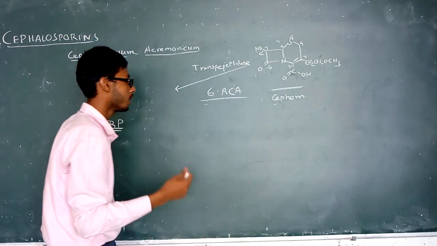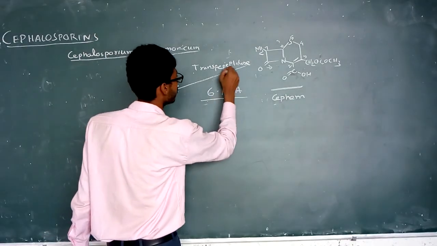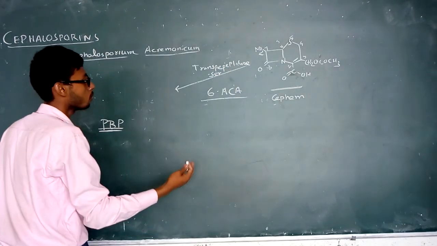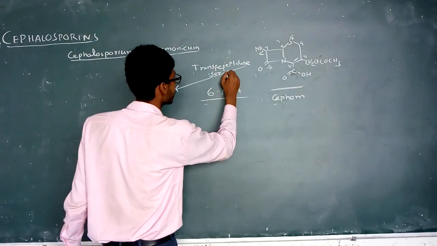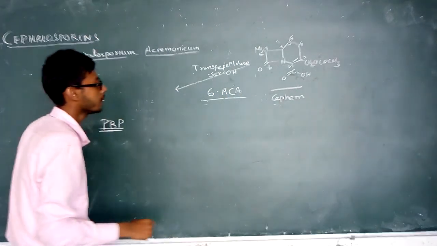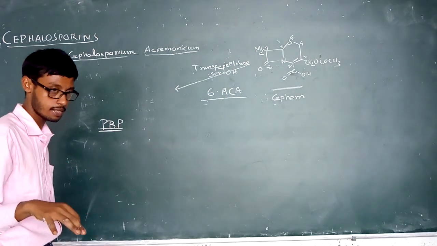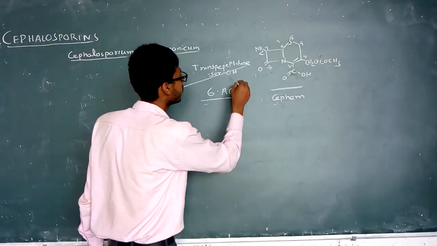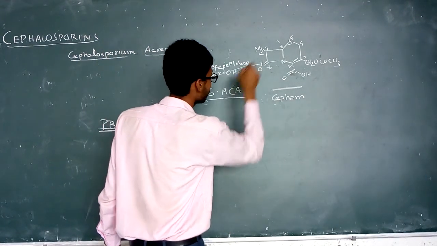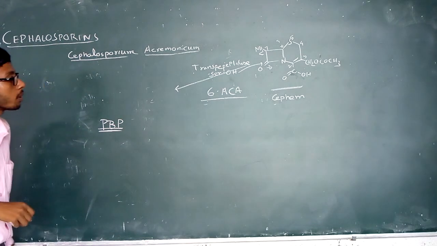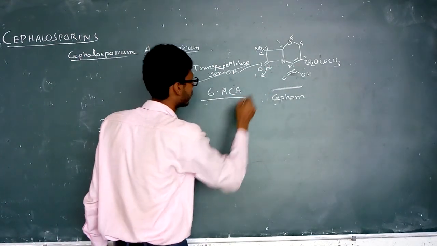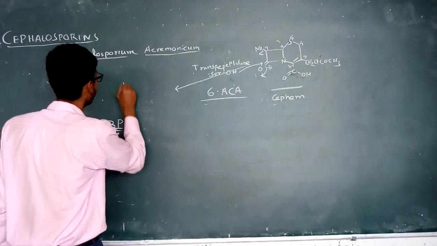Due to the leaving characteristics of this group, when it reacts toward the transpeptidase serine OH in the enzyme of the microbes, it attacks the carbonyl group of the beta-lactam and opens up the ring.